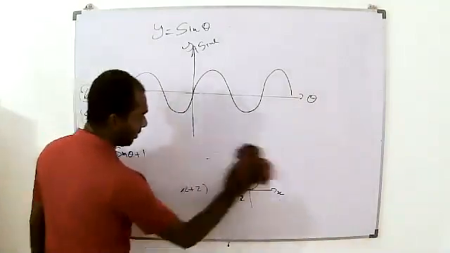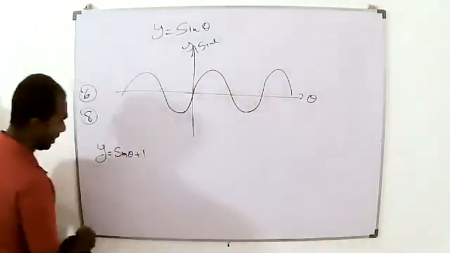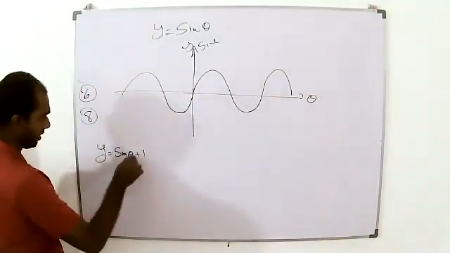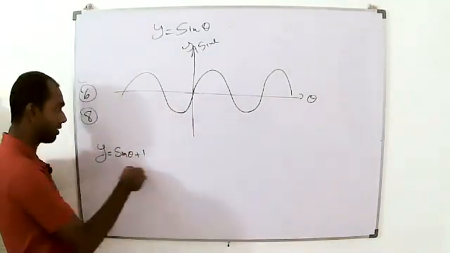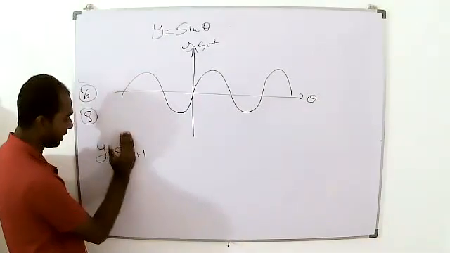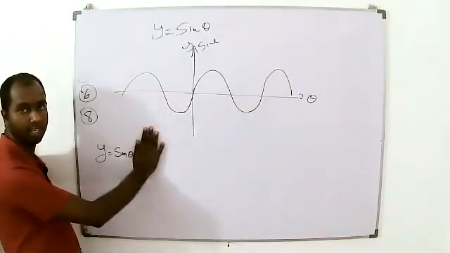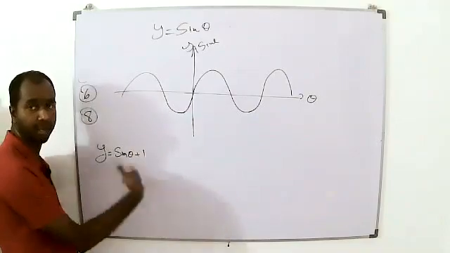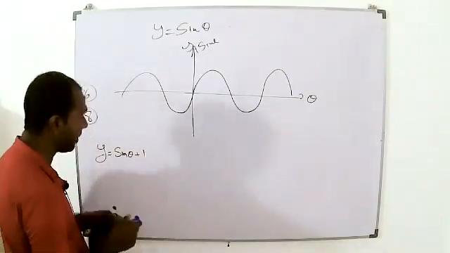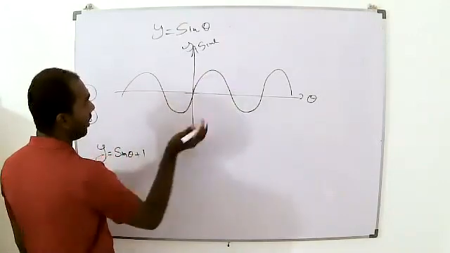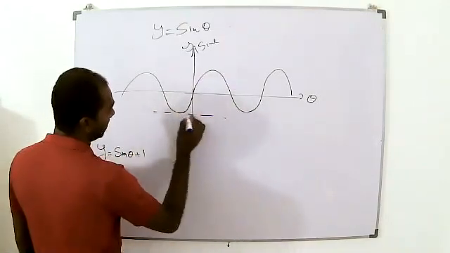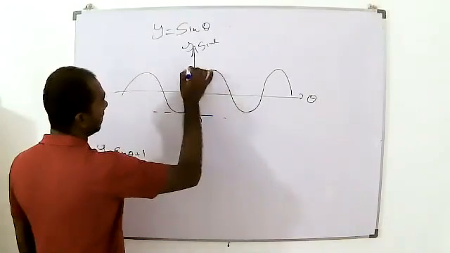Now, think about this situation here. Sine theta plus 1. Is this an internal addition? No, this is an external addition. Y equals sine theta was our original equation. To that, we add the 1 externally. So what's going to happen? This total equation is going to shift how many units? 1 unit upward. That means now we have minus 1 and plus 1 here.